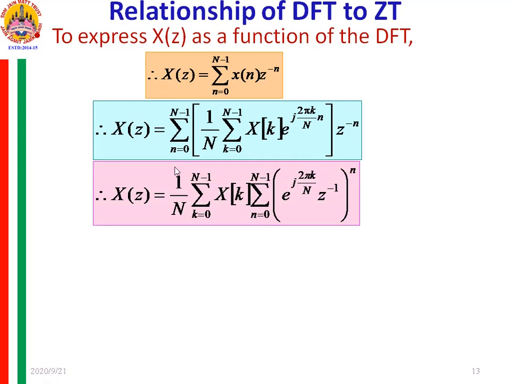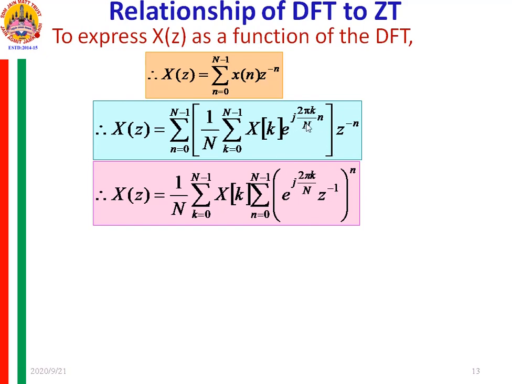So interchanging the order of the summation and rewriting the expression as 1 by N summation k from 0 to N minus 1 X(k) and summation n from 0 to N minus 1 e raised to j 2 pi k by N z raised to minus 1 and this whole raised to n.